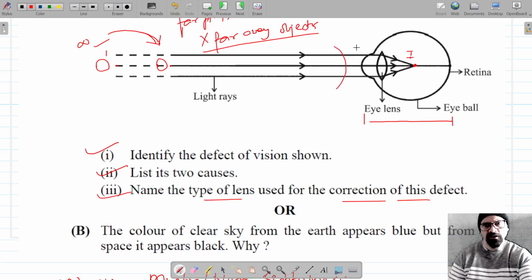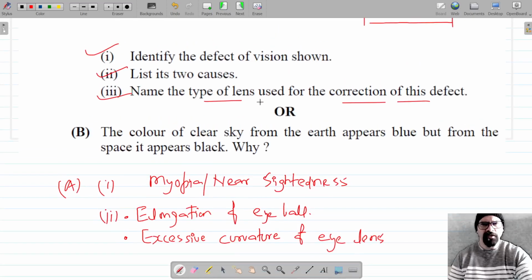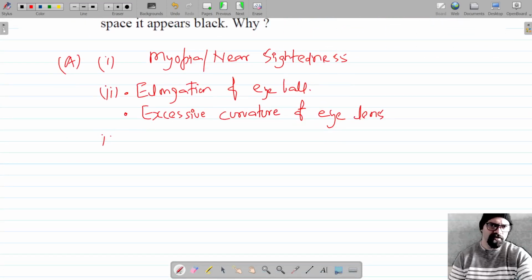If we use the concave lens here, it will diverge the rays of light, let me draw it like this, and bring them to the retina.